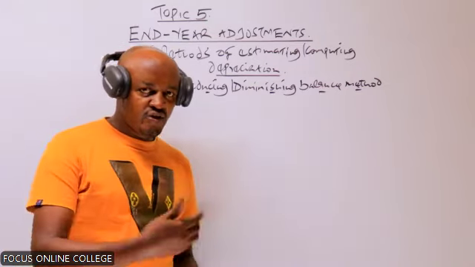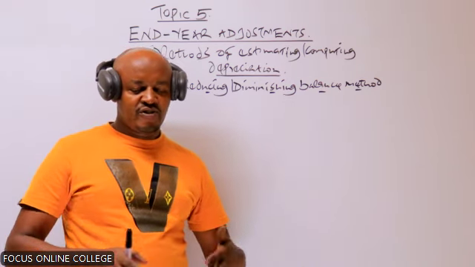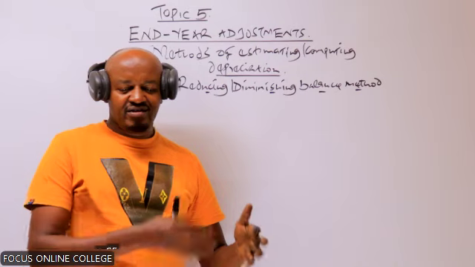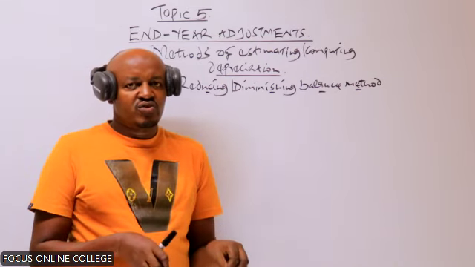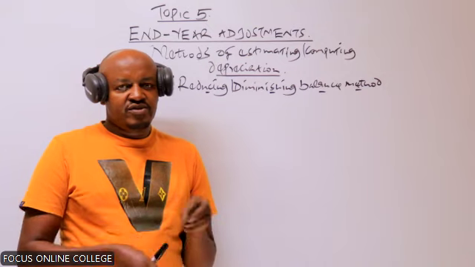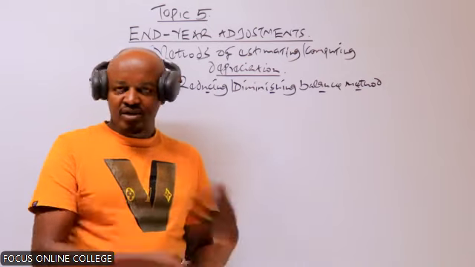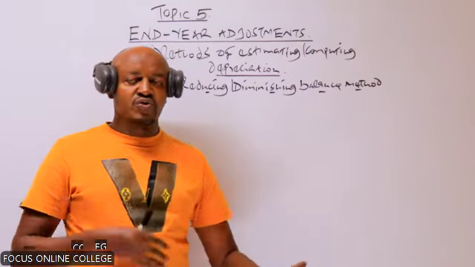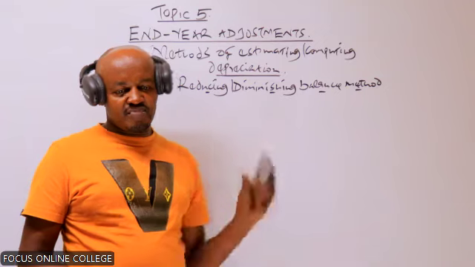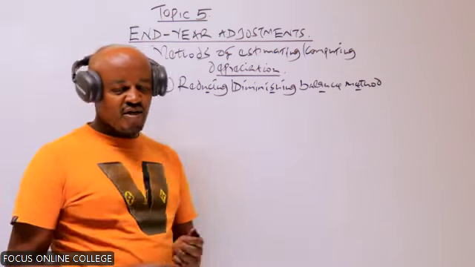As it gets older, the use of that asset keeps on reducing, so its depreciation also keeps on reducing. Therefore, under this method, you'll see depreciation keep on reducing.